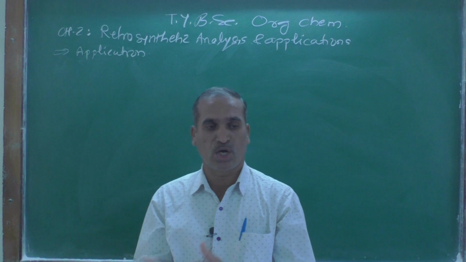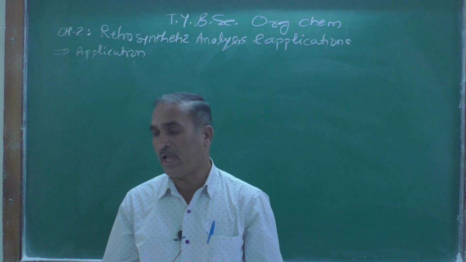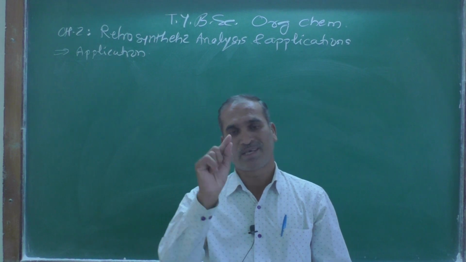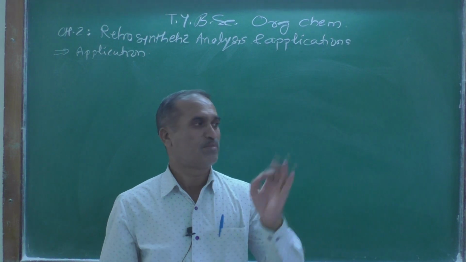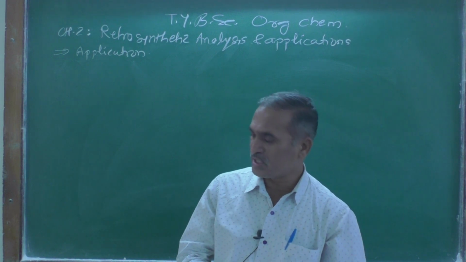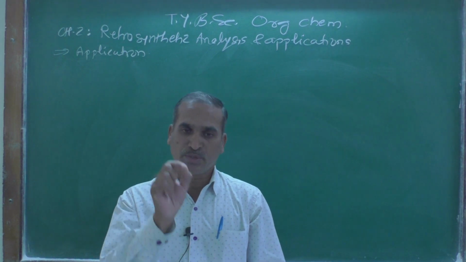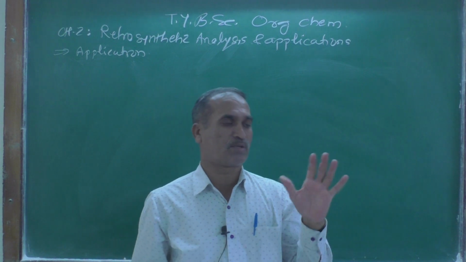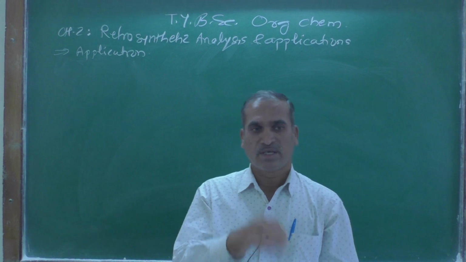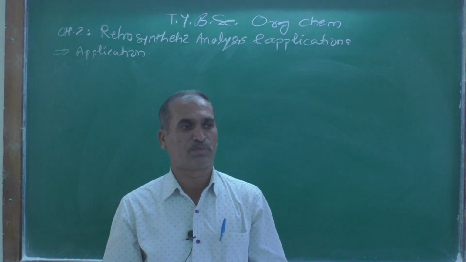Once again, the first one is RSA. RSA means retrosynthetic analysis. Retrosynthetic analysis means the process of breaking down a target molecule into convenient starting material using disconnection and functional group interconversion.